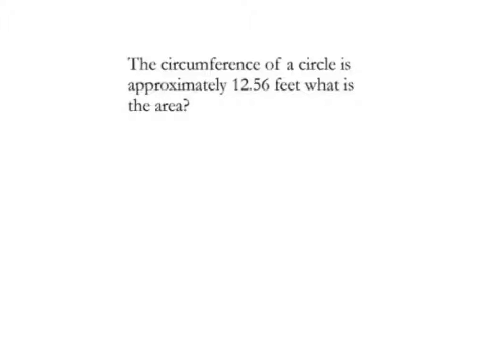Okay, so the last one reads, the circumference of a circle is approximately 12.5600 feet. What is the area? Okay, so now they're giving us circumference. Because they're giving us circumference, we're going back to our circumference formula.